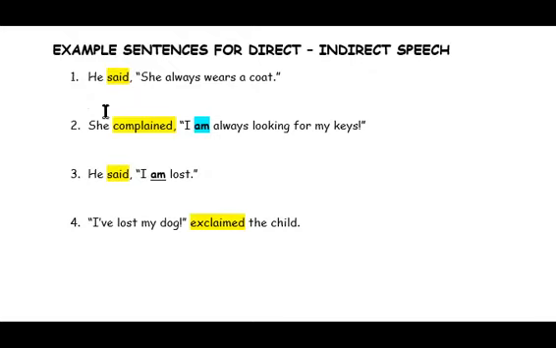That means that everything in the indirect speech must be in the past tense. So for example, he said (that) he always wears a coat. You don't have to use that. That is optional, that's why I'm putting it in brackets.